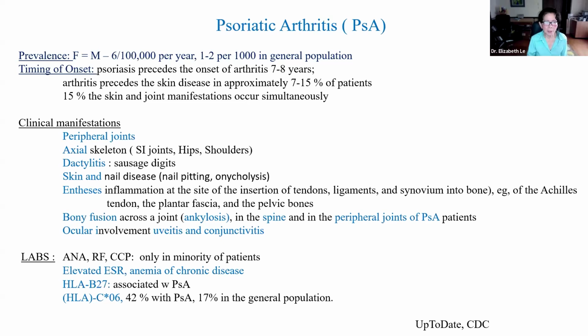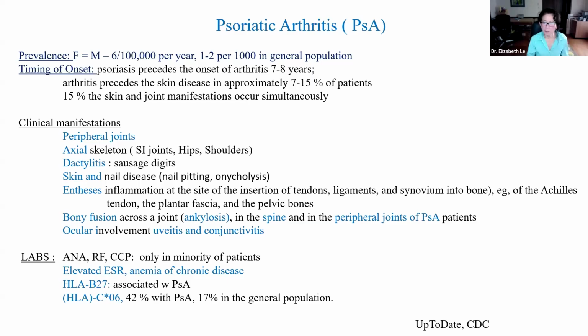Timing of onset: psoriasis can precede the onset of arthritis by about 7 to 8 years. So you have psoriasis first, and then 7 to 8 years later, you can have arthritis. Or the arthritis precedes the skin disease in about 7 to 15% of patients. Or you can have both skin and joint manifestation at the same time, in about 15% of patients.